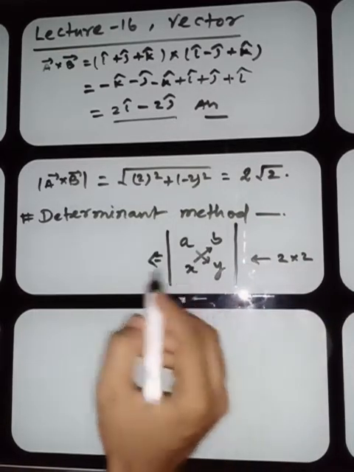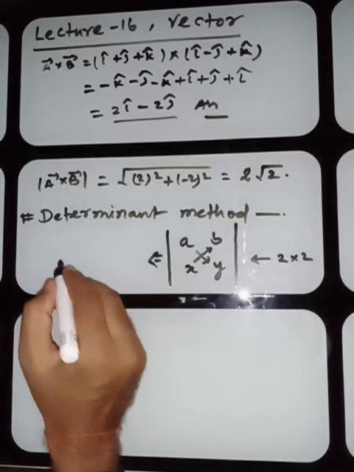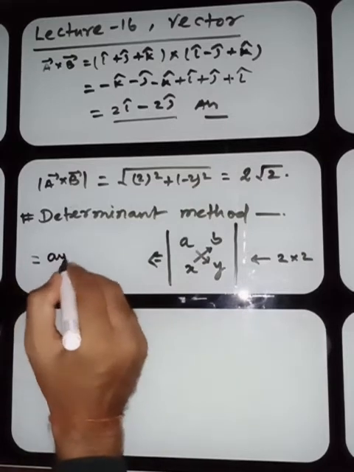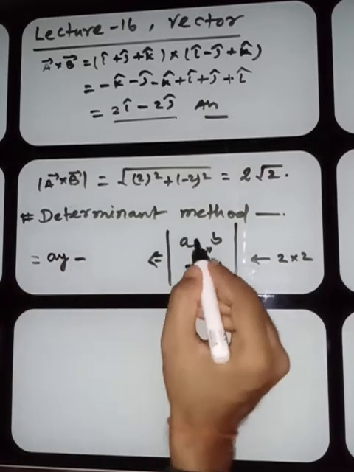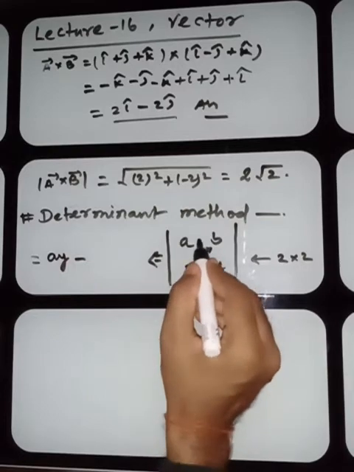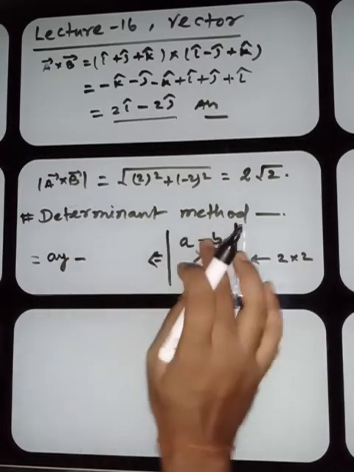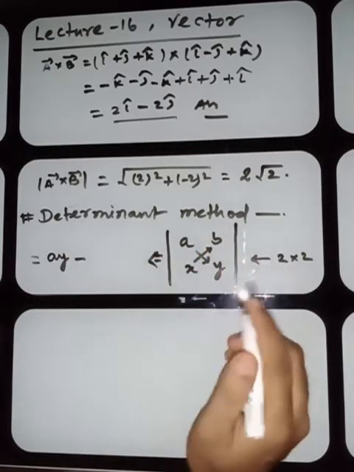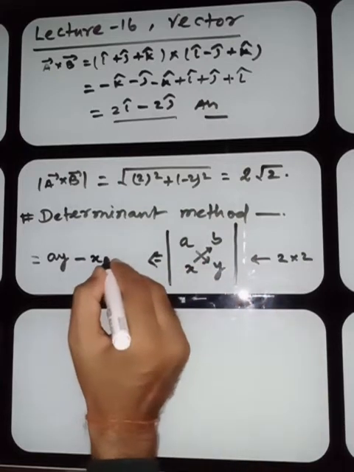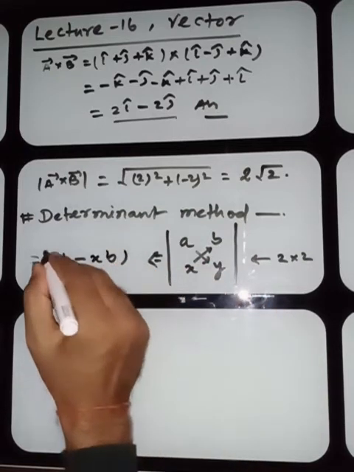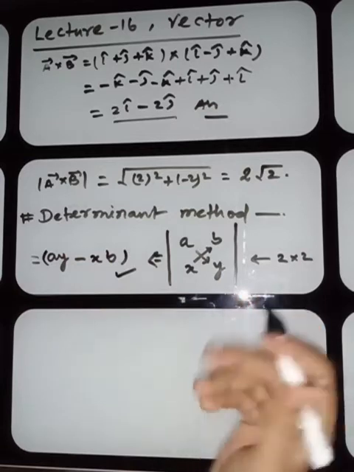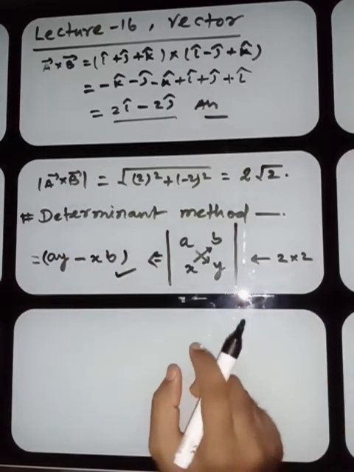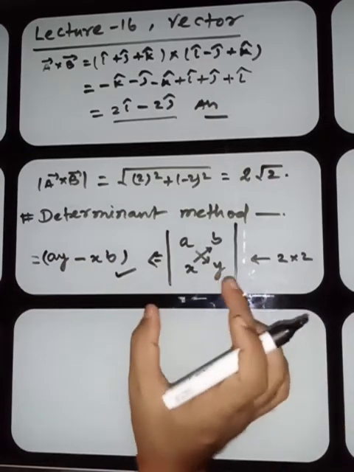Here we are writing AY minus, after multiplying this one you have to put the minus, then XB, and this is the answer. It's very simple. This determinant is very important.